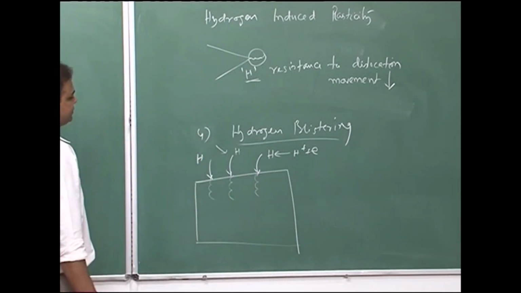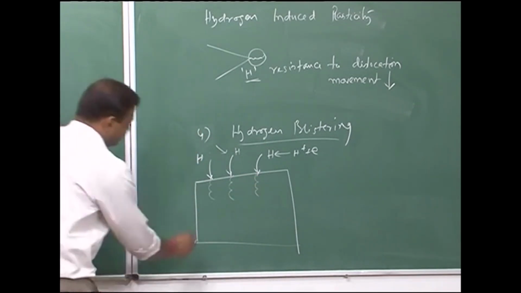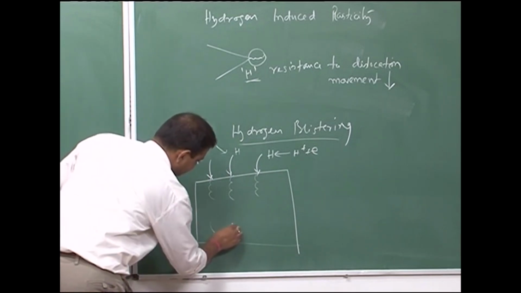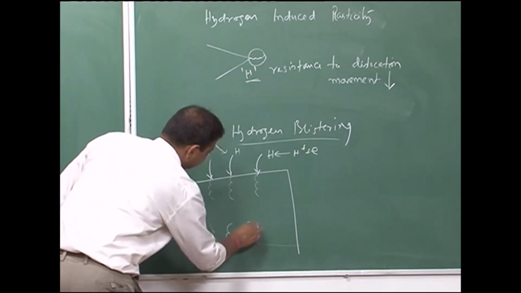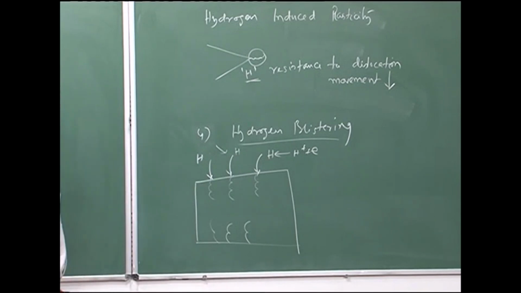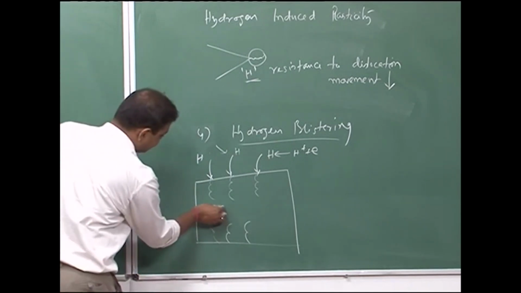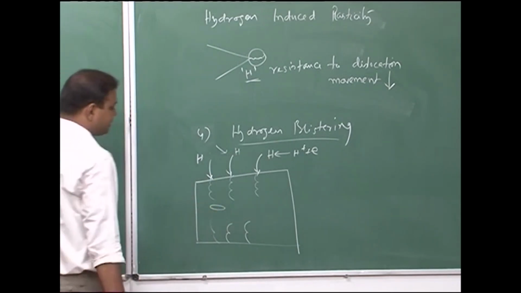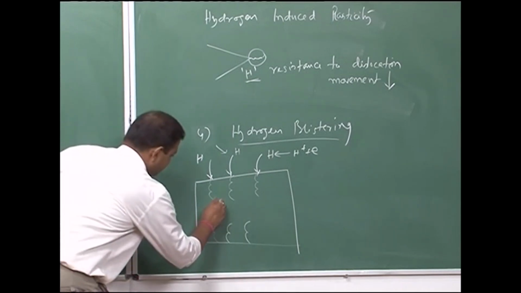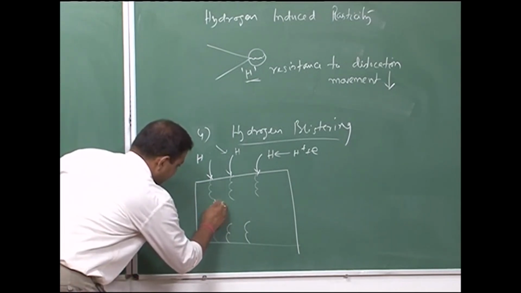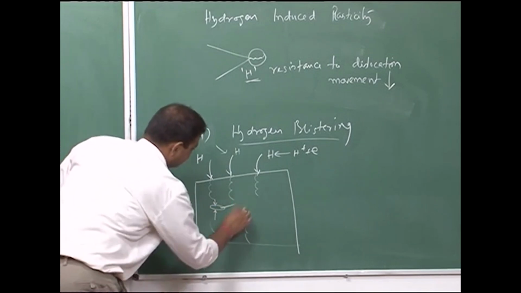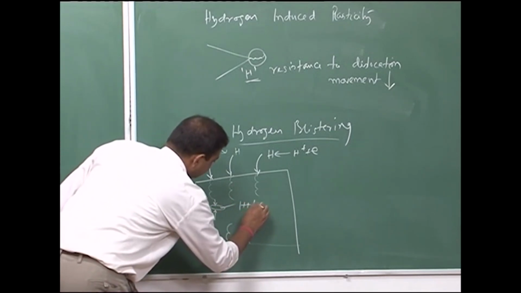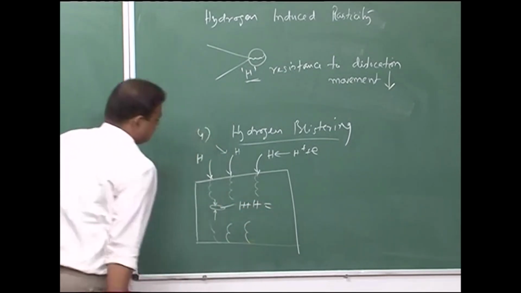These atomic hydrogen, and the same thing would happen from this end also. These are basically diffusing atomic hydrogen, and if let us say there is a small void inside the material, the hydrogen can go there.